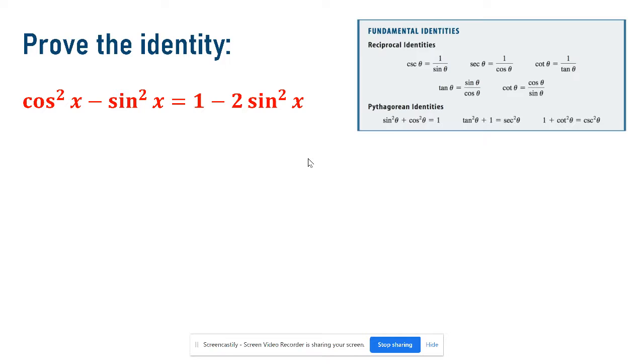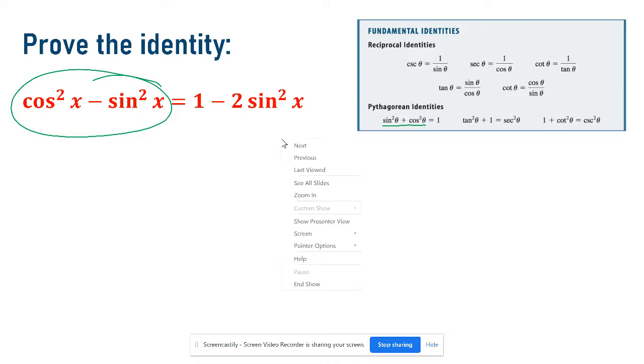So right now, there's nothing that we need to rewrite in terms of sine or cosine. Everything is already in terms of sine or cosine. And right now, this doesn't really help us, because in our Pythagorean identity, the sine squared and cosine squared are being added together, not subtracted. So we've got to look for something else to do.